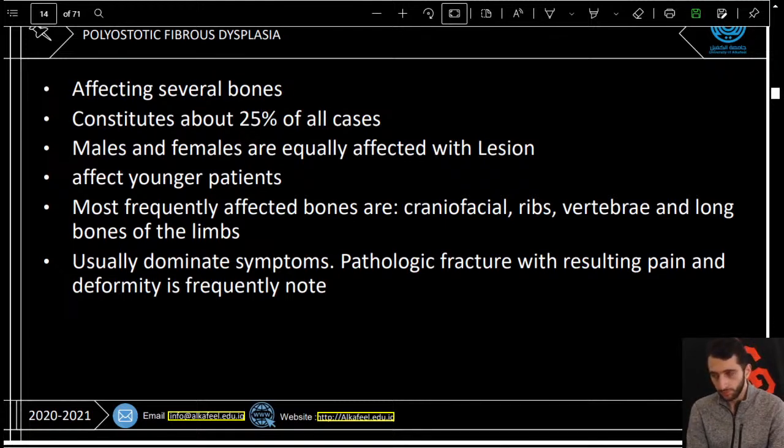Sometimes scientists use the word polio, sometimes they do use the word polyostotic. But polyostotic fibrous dysplasia is the better pronunciation of the disease.